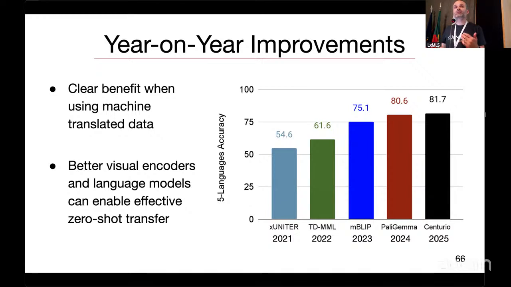And the things that are driving performance improvements in this area is a combination of better visual encoders, better language models, better techniques for training the bridge between these, and machine translated and synthetic data. Because even with resources like LAION, it can be really hard to get high quality data in different languages along the way.